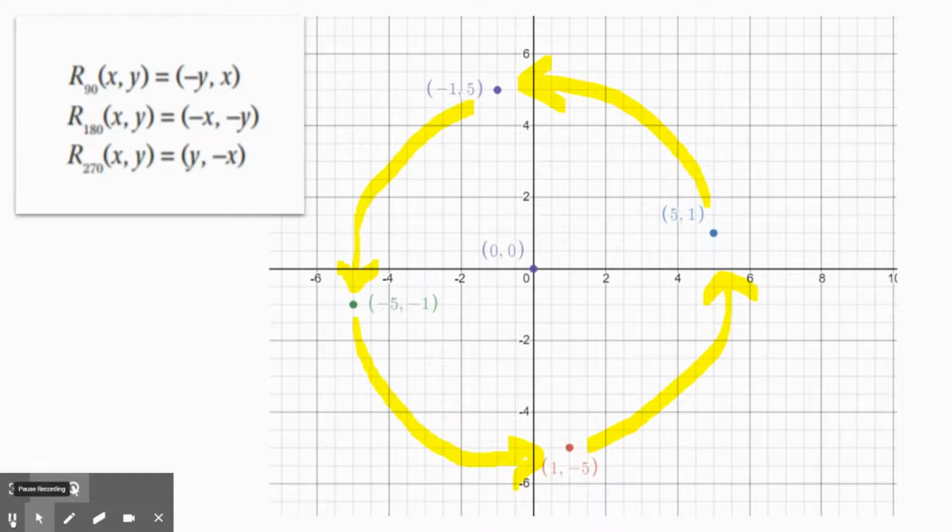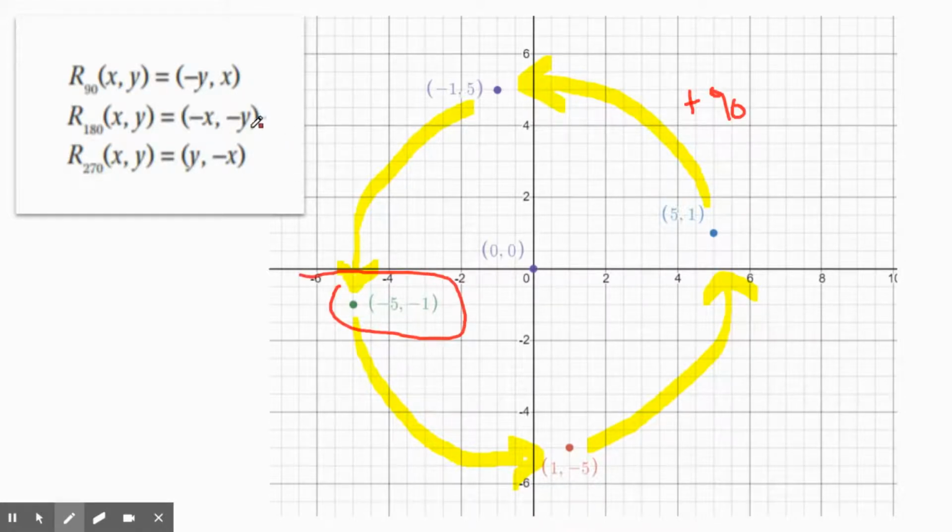Using the example (5, 1) again, if we were to rotate this 90 degrees counterclockwise, it would end up at (-1, 5). If we did it another 90 degrees, it would end up down here at (-5, -1), again following the formula of its original positioning. And then 270 would end up all the way down here.